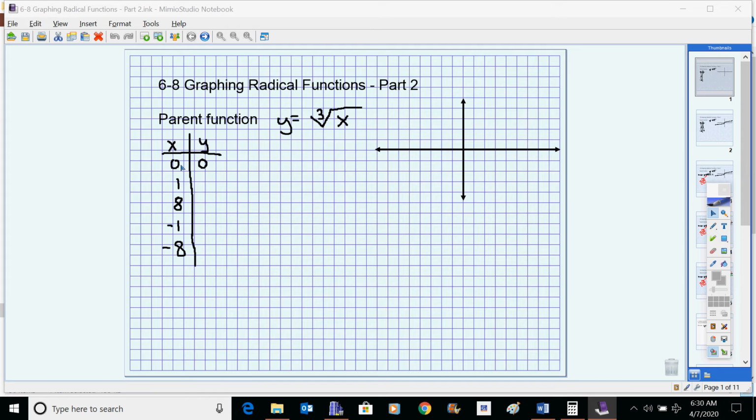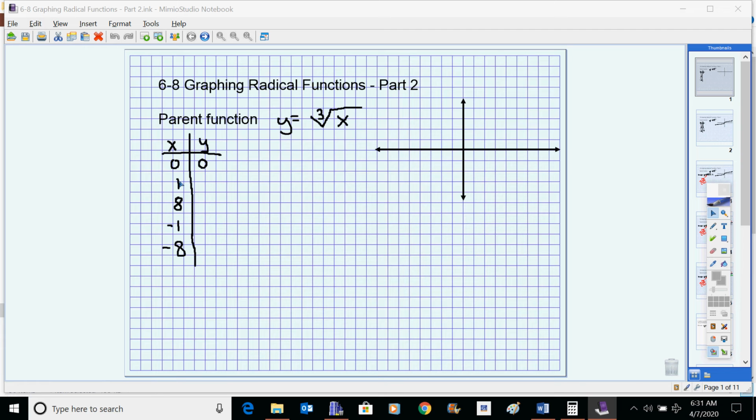Notice that I've strategically chosen some x values to give us our basic parent function and what it looks like, because when you have a cube root, you're looking for numbers that you can very easily find the cube root of. For example, the cube root of 0 is 0, because 0 times 0 times 0 equals 0.